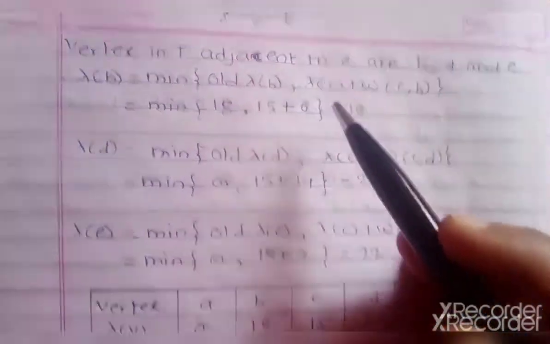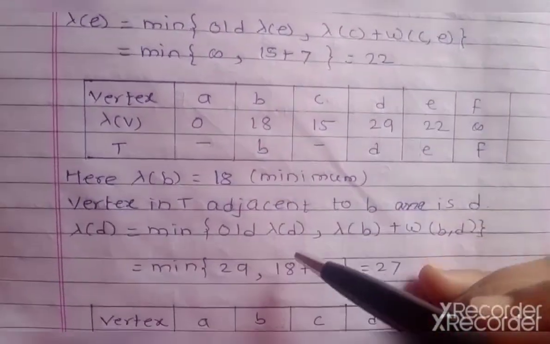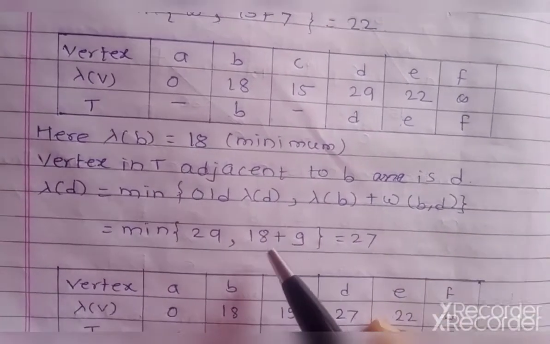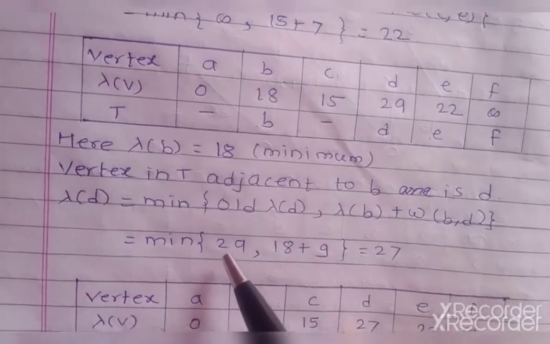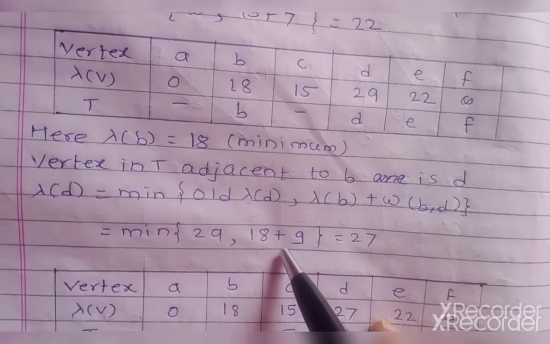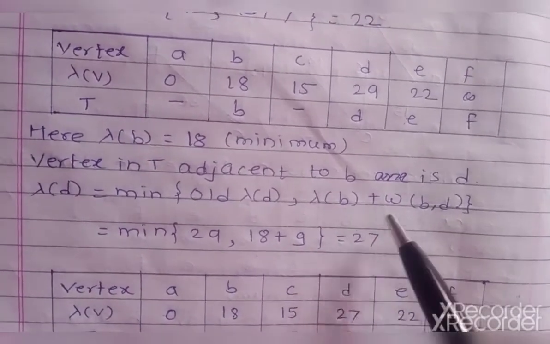So 18 plus 9 is 27, and among 29 and 27 the minimum is 27. So put here 27.